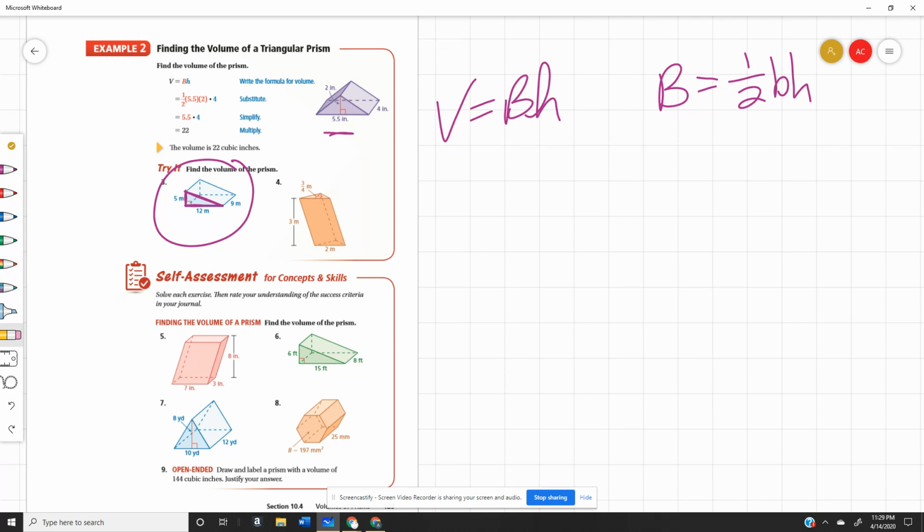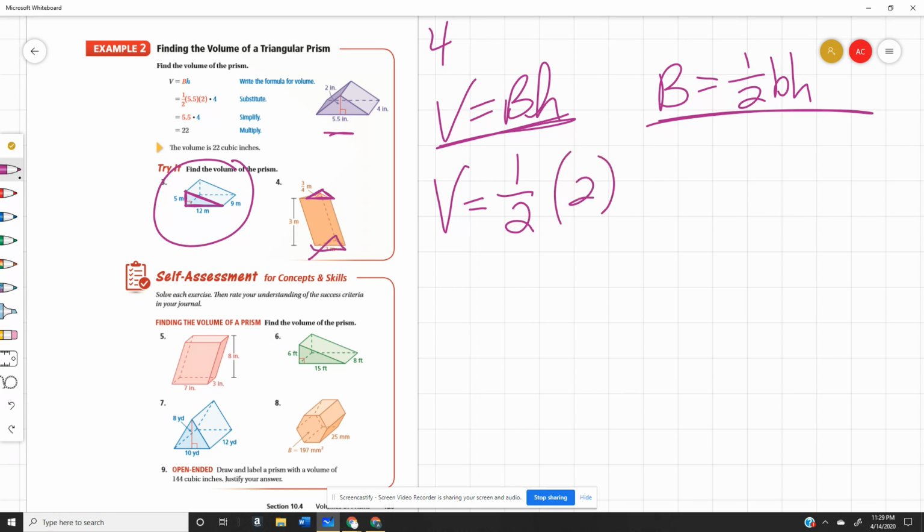So for number 4, then, we've got our formula. We've got all the pieces. So volume equals 1/2. This one right here, this is our triangle. We've got a base there of 2 and a height of 3/4, times the height of the whole figure of 3.